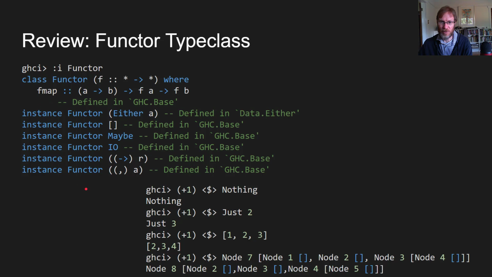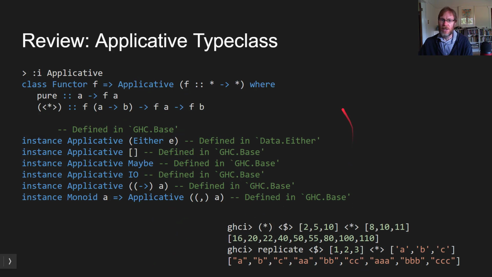And we've seen a bunch of instances of functors. We've seen eithers, we've seen lists, of course, we've seen maybe types, we have quickly looked at I/O. We've also seen that functions are instances of functor, as are tuples. There's some examples that we've seen before of common ways to map a simple function over different types of contexts. Then we introduced the applicative type class.